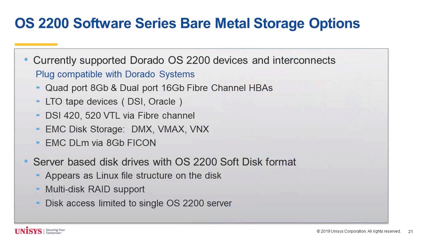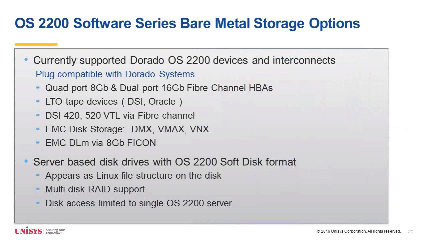Now, I mentioned the soft disk version of a server disk. Again, this is a disk environment that resides within a dedicated OS 2200 server. It appears as a Linux file structure from the server environment, but inside the OS 2200 software series, it has the same structures and can support all the file formats of OS 2200.